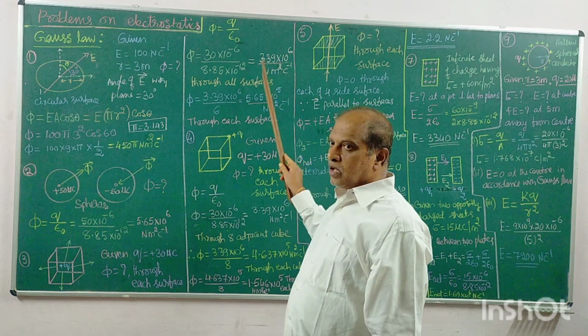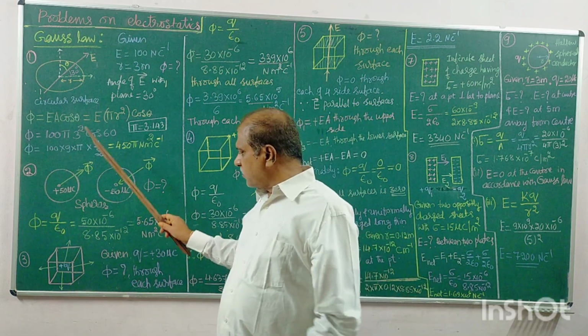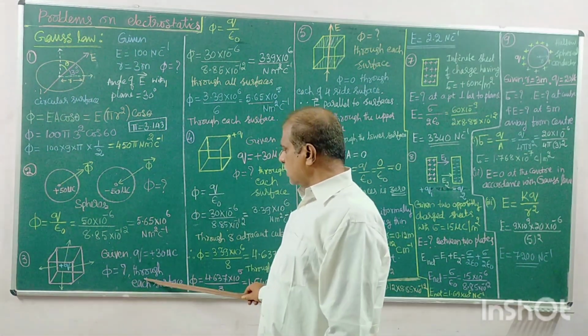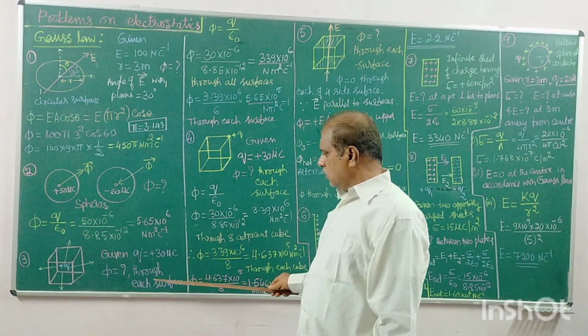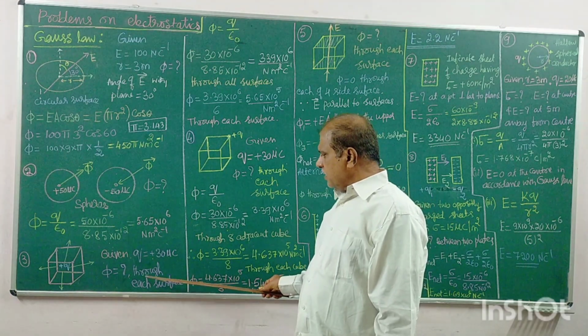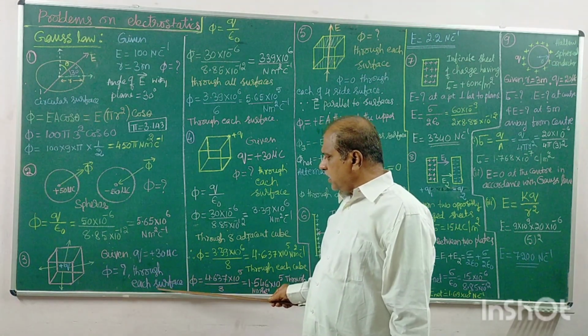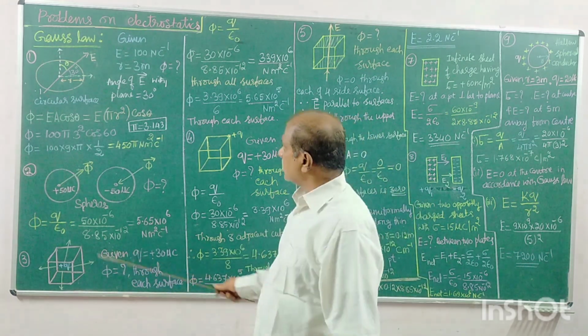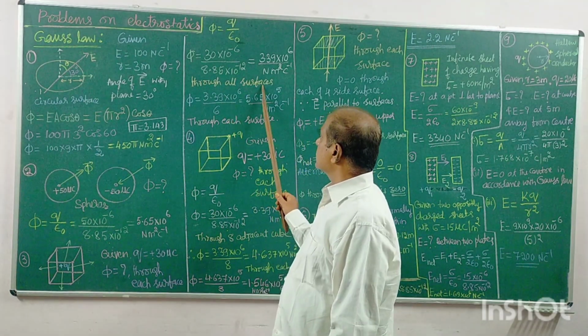Look at this. This is the electric flux through all the surfaces, in all directions. But what is asked? Electric flux through each surface. There are 6 surfaces.